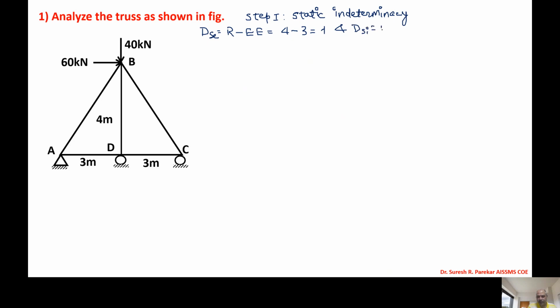And DSI is M minus 2J minus 3, which is 5 minus 2 into 4 minus 3, and that is 0. So the truss is externally indeterminate, externally indeterminate to degree 1.